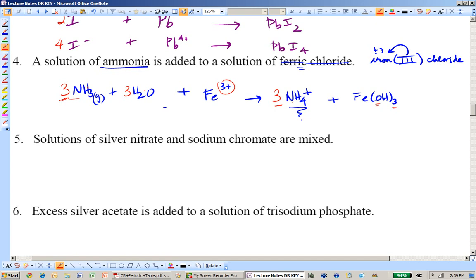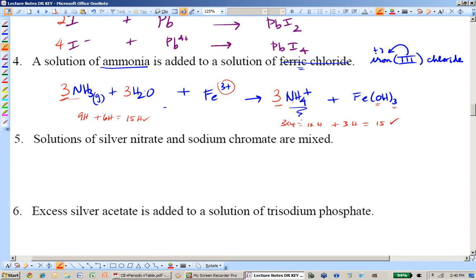So I have 3 O's over on the right and only 1 on the left, so I need a 3 there. So 3 times 3 is 9 H's, plus 3 times 2 is 6 more H's, for a grand total of 15 H's. Lucky for me, that's what ended up over here. 3 times 4 is 12 H's, and 3 more H's is 15 on each side. Check, check. 1 iron, 3 N's, 3 N's. I'm done.